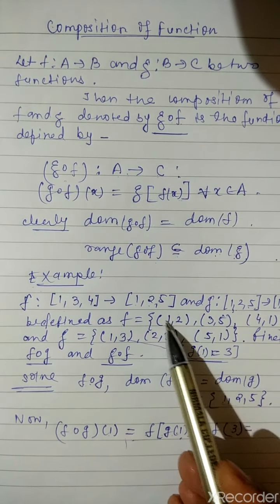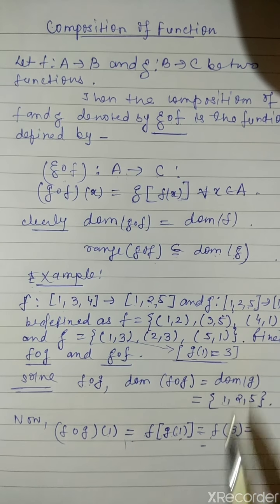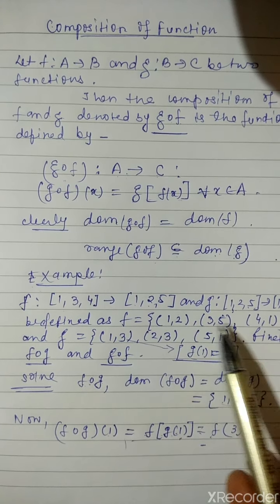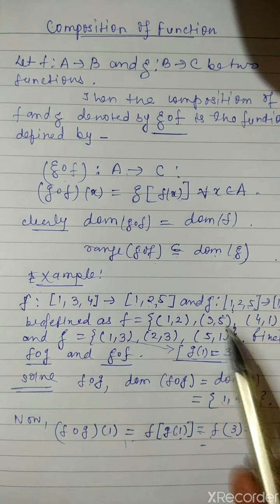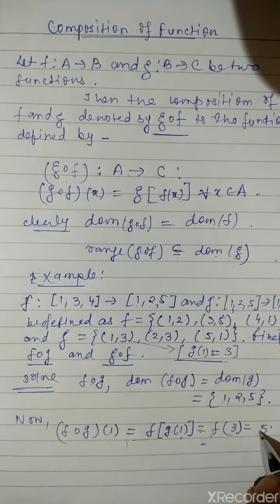From here, F of 1 is 2, F of 3 is 5, F of 4 is 1. So F of 3 is 5, and we get the value 5.